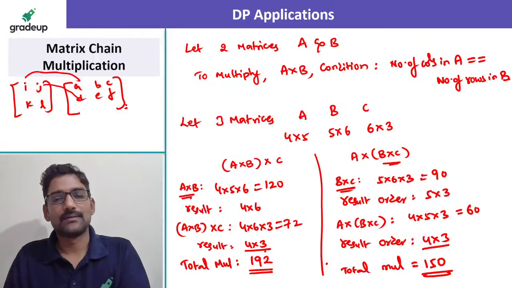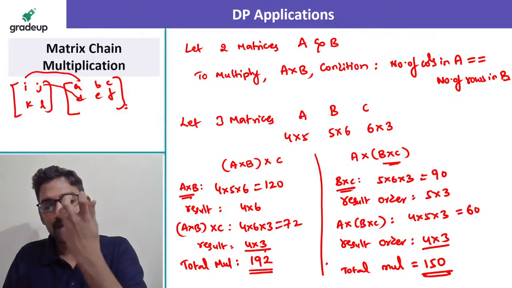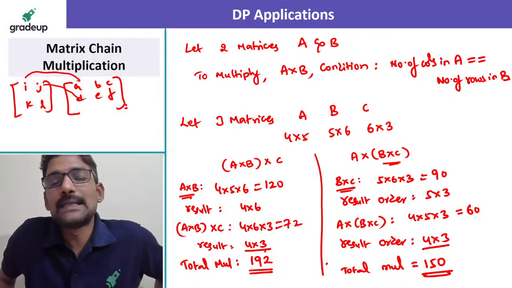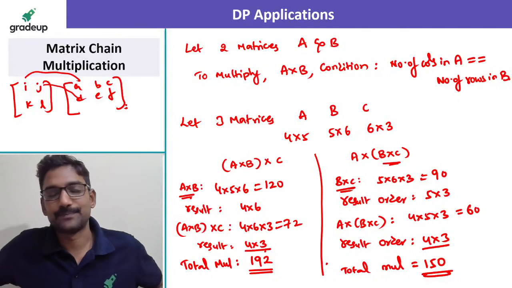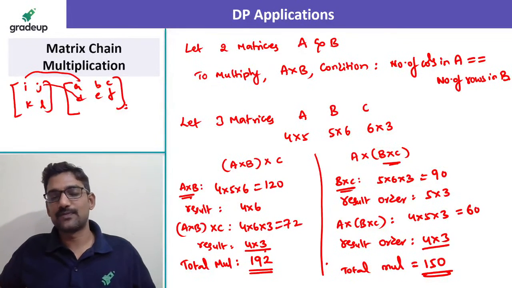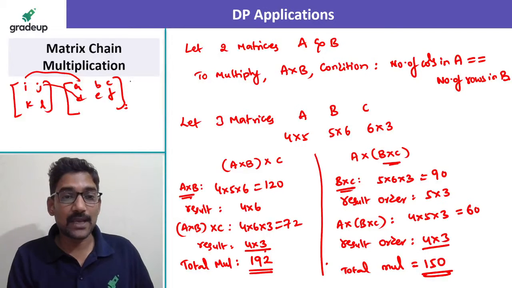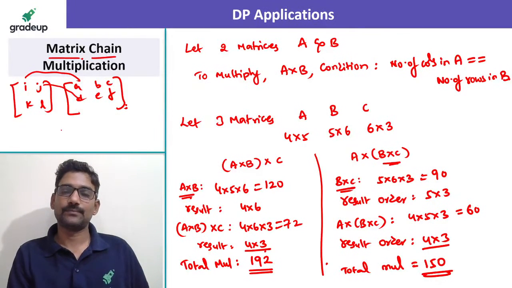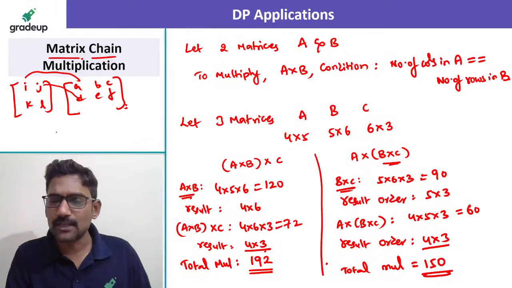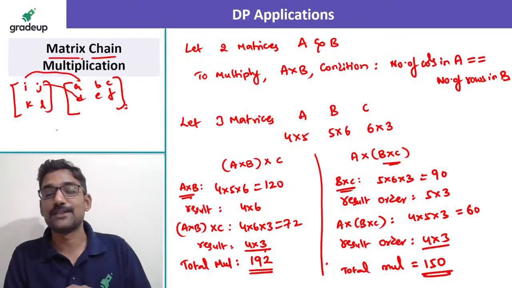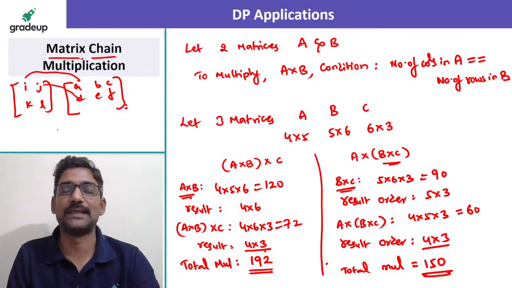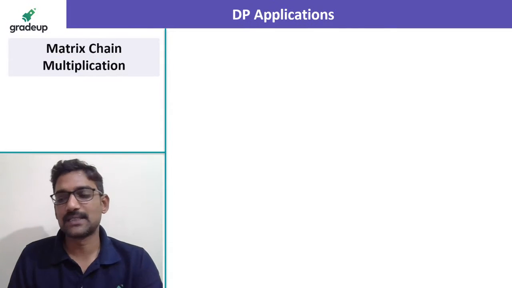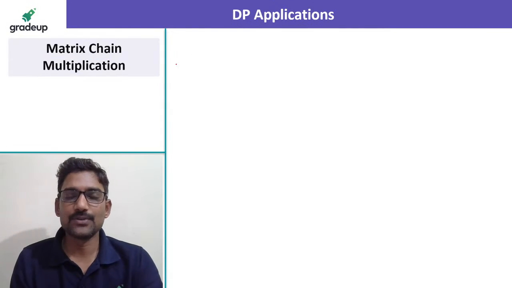Your job is to find out the correct optimal sequence for multiplication of a chain of matrices. Optimal sequence here means minimization, minimum number of multiplications.